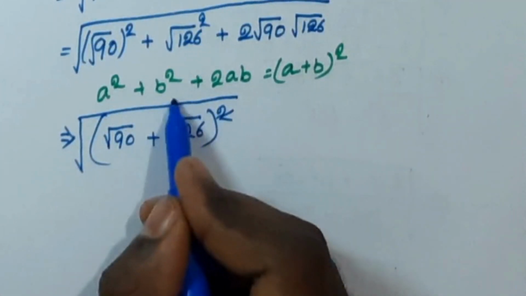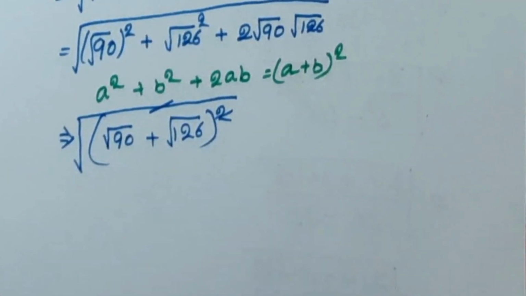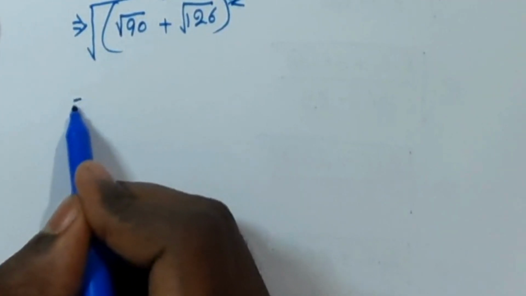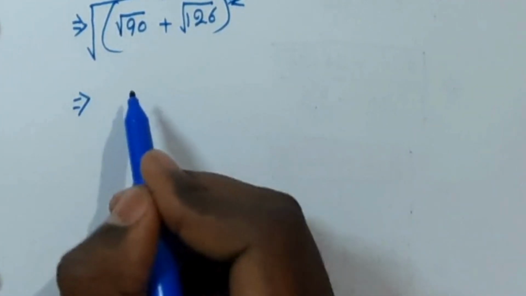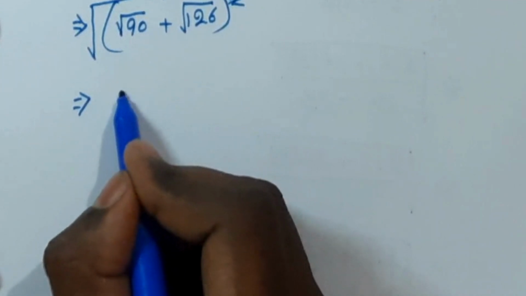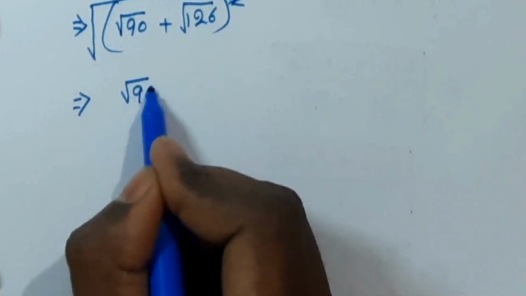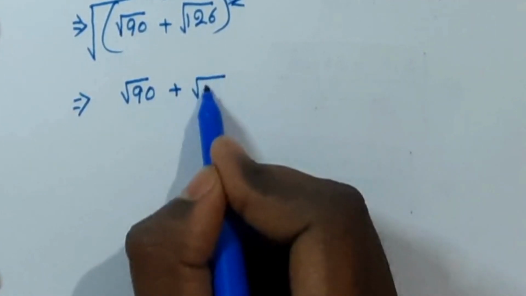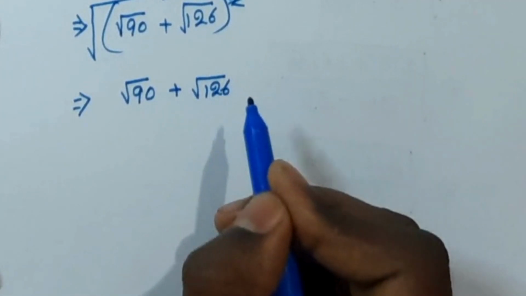This square and this square root will cancel each other. So we have square root of 90 plus square root of 126.